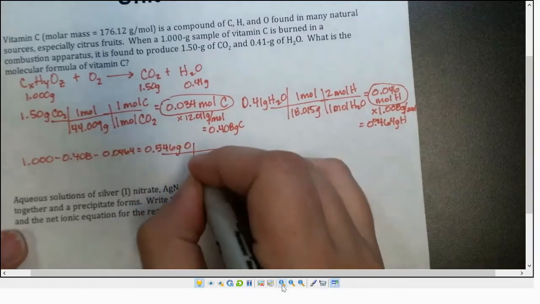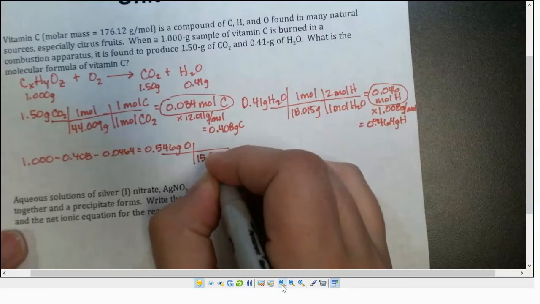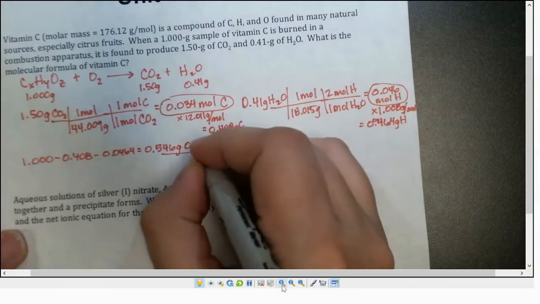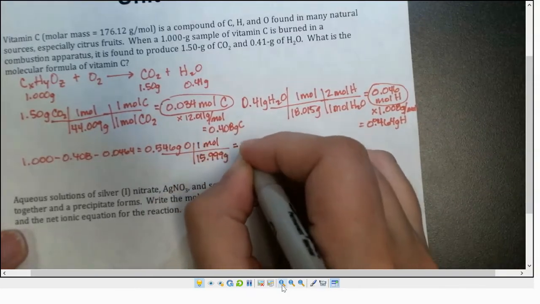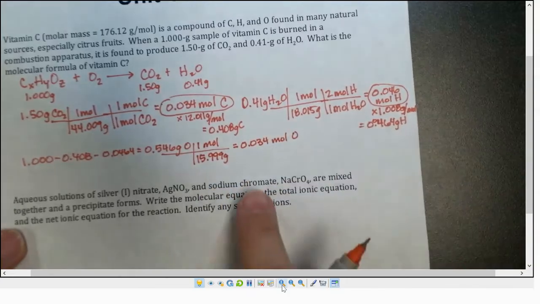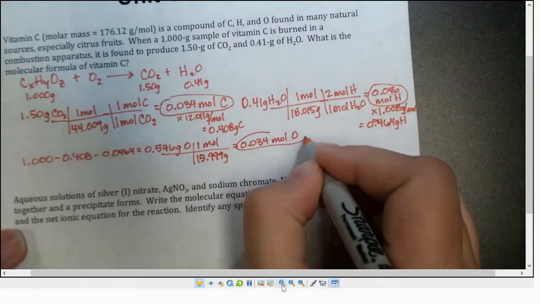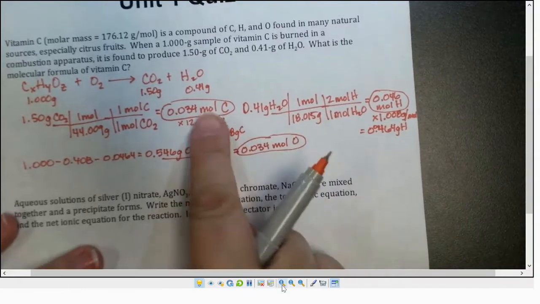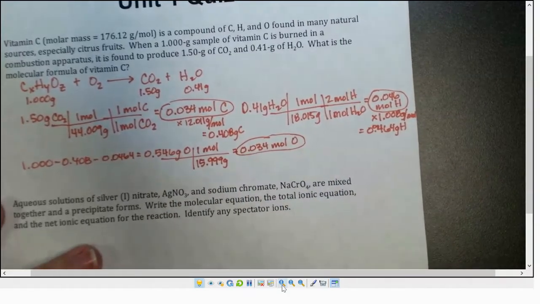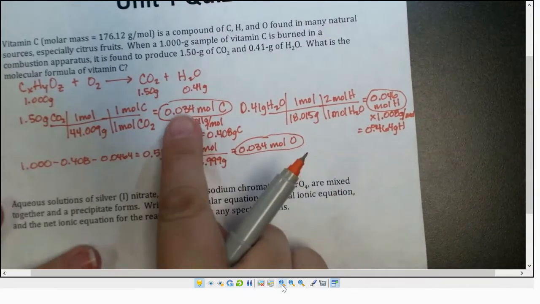So I'll divide by the molar mass of oxygen for 1 mole. And I find that this is 0.034 moles of oxygen. Now that I have moles of all 3 elements, I'm going to take those 3 moles and I'll divide them all by the smallest. Well, 0.034 is the smallest.